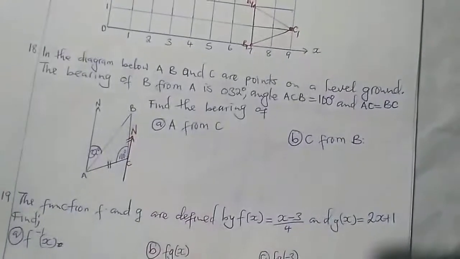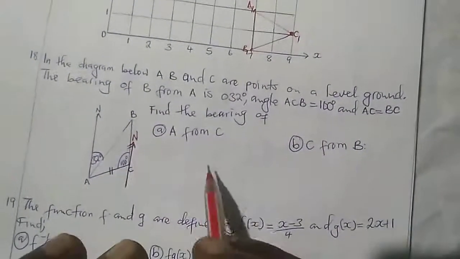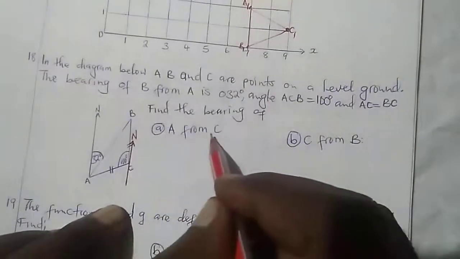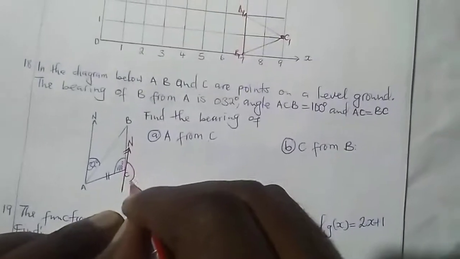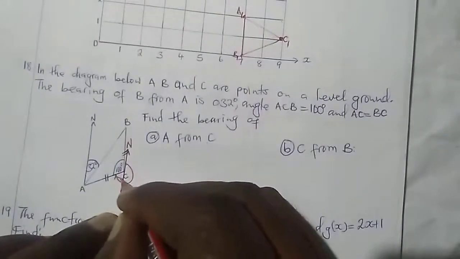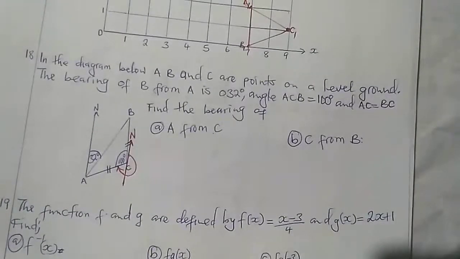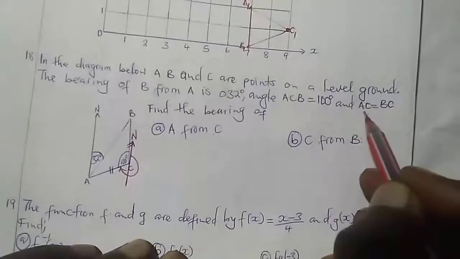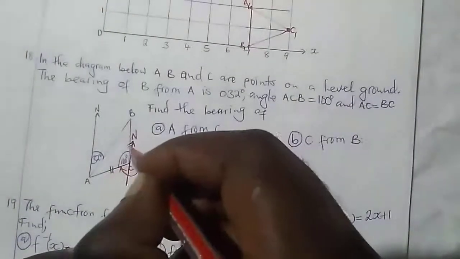Now we are told to find the bearing of A from C, so the bearing we want to find is from here up to here. We are given that the line AC is equal to BC, meaning this line is equal to this line.